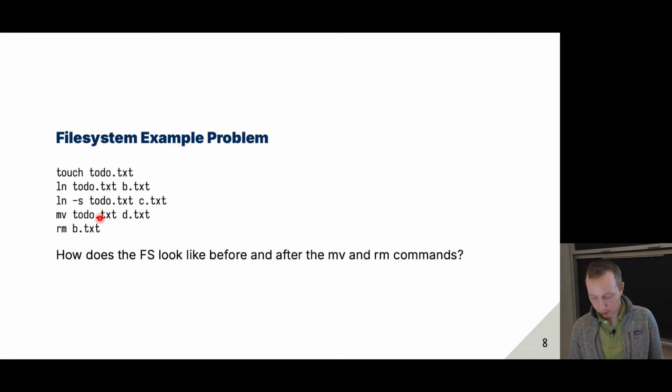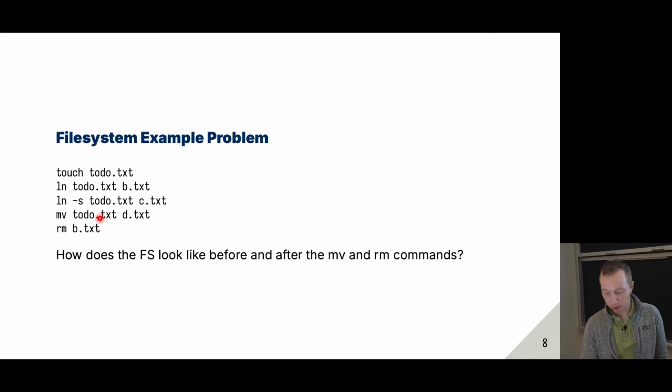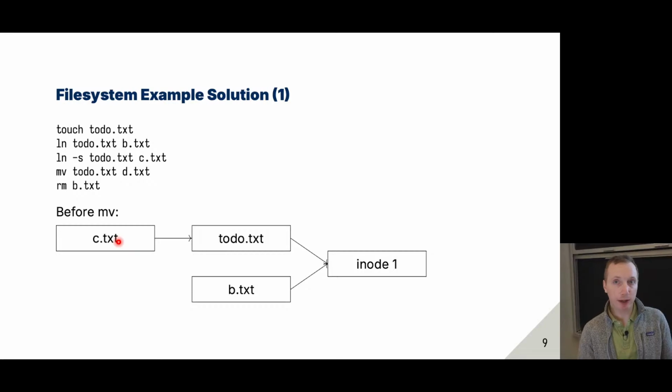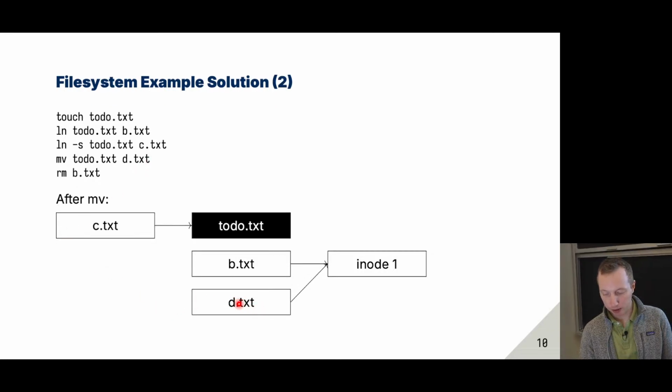So my file system before the move command would look something like this. C is a soft link, so the way you model it is name to name. So c.txt points to todo.txt, and then todo.txt and b.txt are hard links that point to the same inode, just 1.txt. If I move todo.txt to d.txt, that creates a new name called d.txt that points to the same inode.